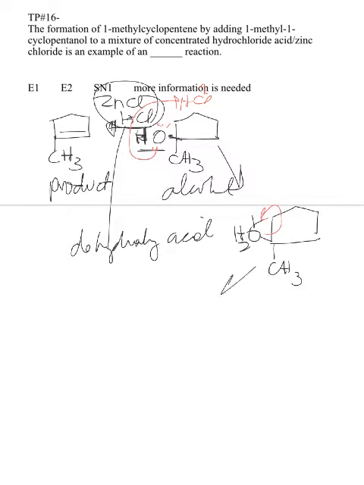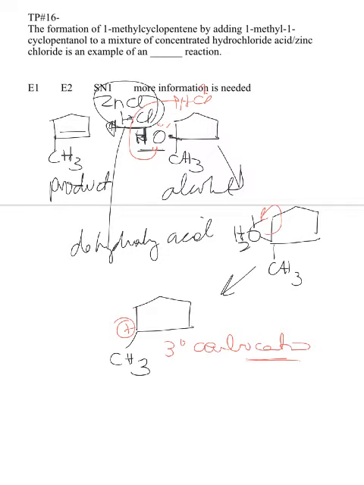And because you're under acid conditions, you're going to form your carbocation. This is a tertiary carbocation. You always classify them when you form a carbocation. And so then what happens? It's showing you right here you formed a double bond.